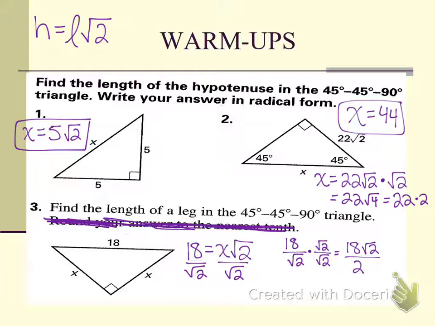What could simplify here? 18 over 2 reduces to 9 over 1, or just 9. So x equals 9 root 2. Questions, concerns about the warm-ups? Ready to move on?